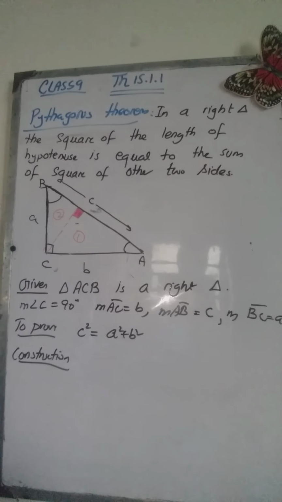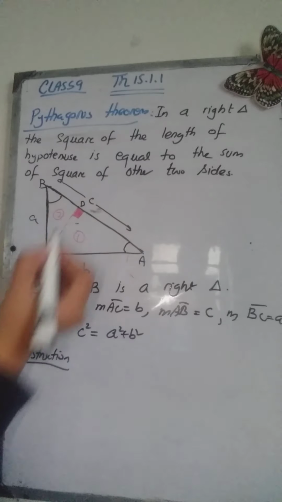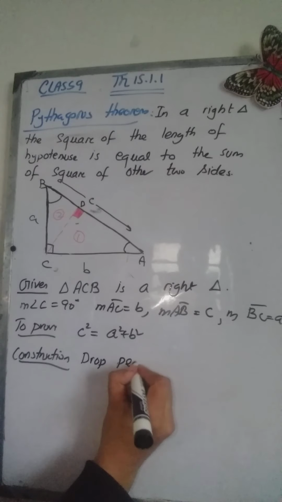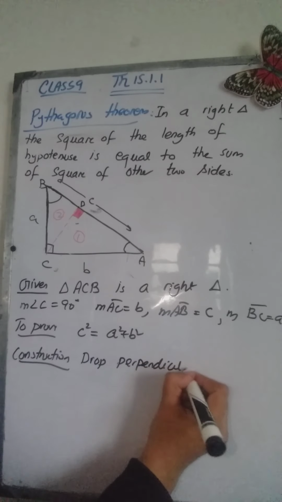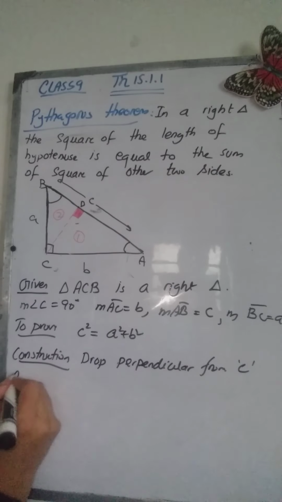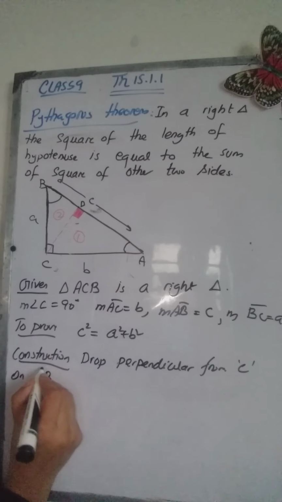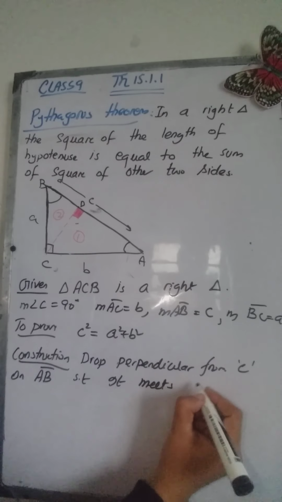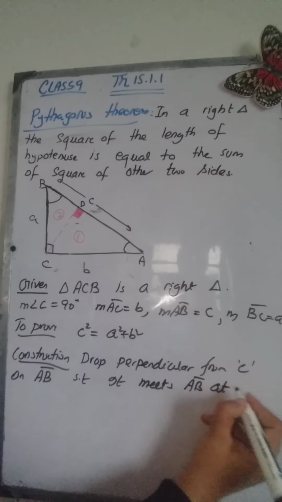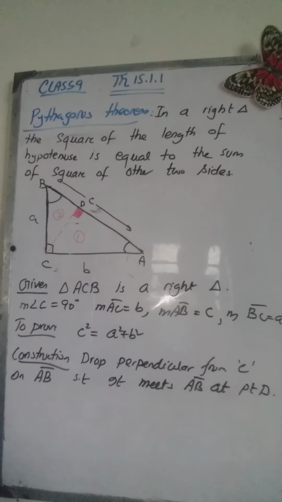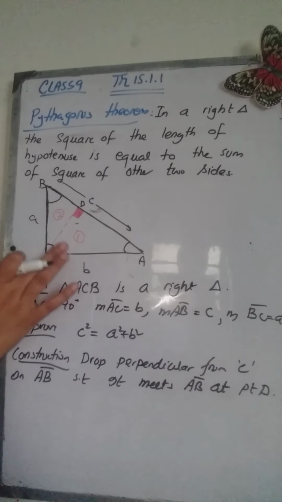Let me name this point as D. So in the construction, what we have done is drop a perpendicular from C on AB, such that it meets AB at point D. So we have dropped a perpendicular CD from C on AB, and it has formed two triangles.